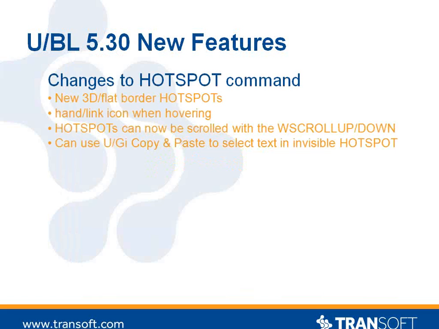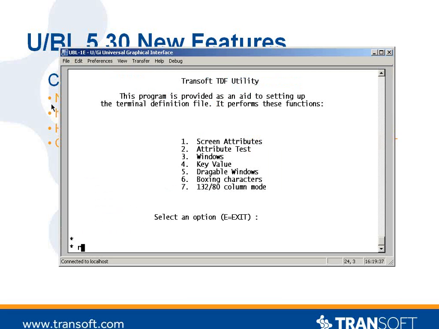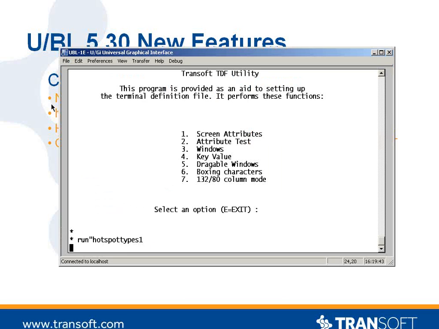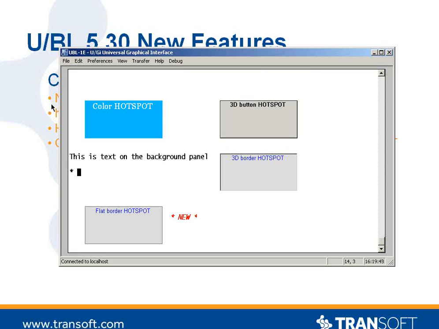Okay, I've done some changes to the hotspot commands, so I'll just demonstrate that. Previously we've had a color hotspot, which you can change to any color you like with the hotspot attribute command.